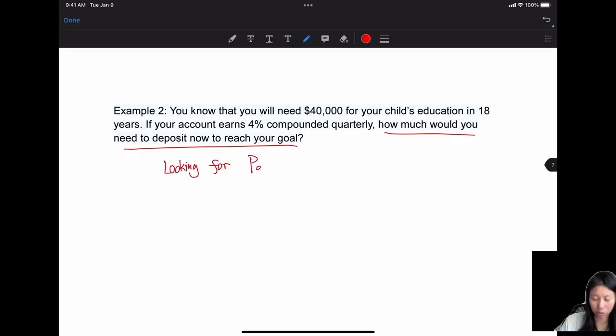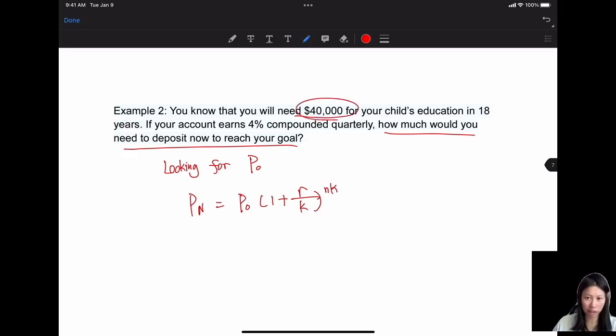Again, I'm going to write down the formula. P sub n equals P sub 0 times (1 plus r over k) to the power of n times k. And now let's see which one is which. So you will need 14,000. That means our total amount I want to get at the end would be 14,000, and then in 18 years.